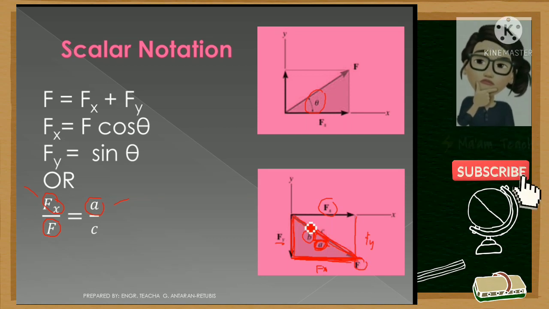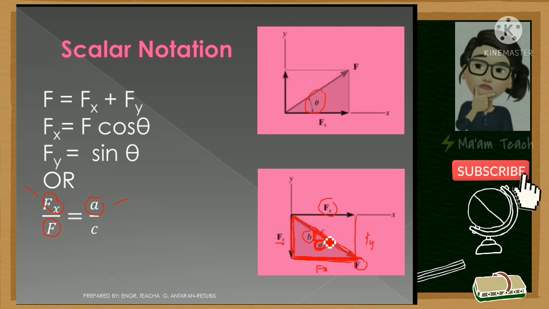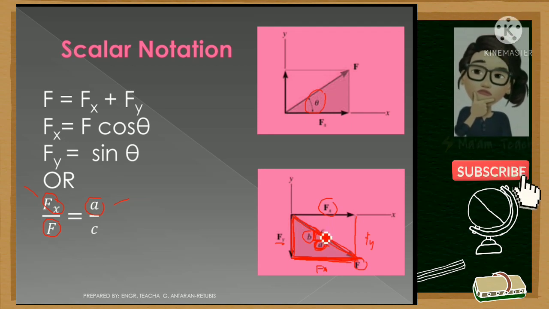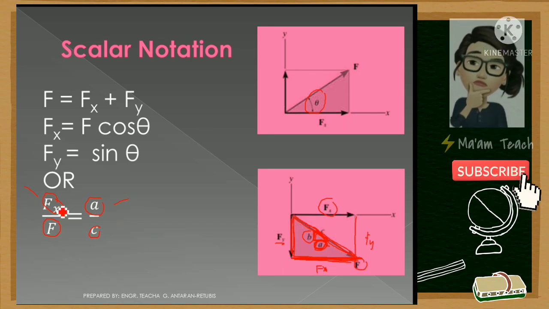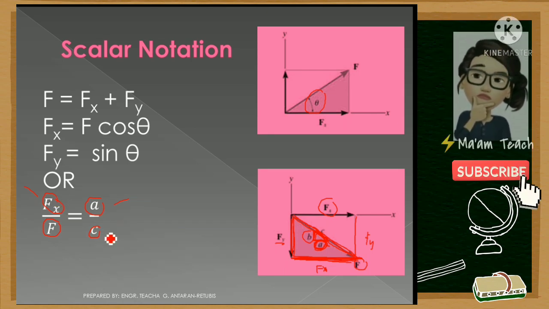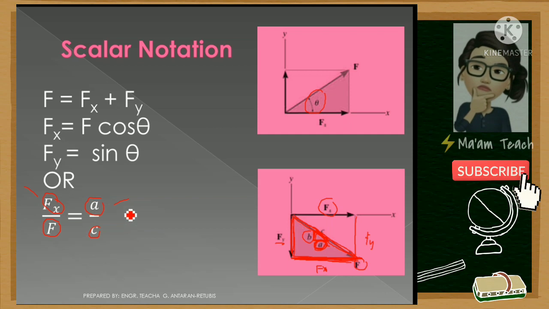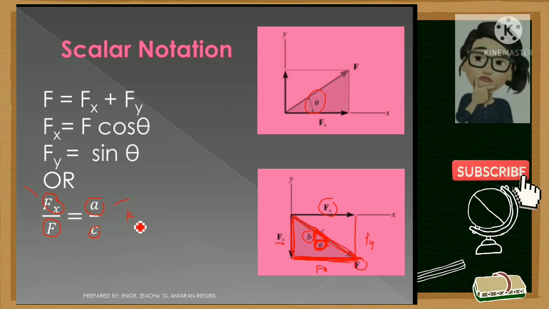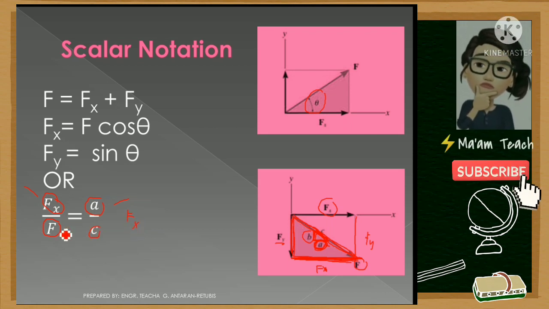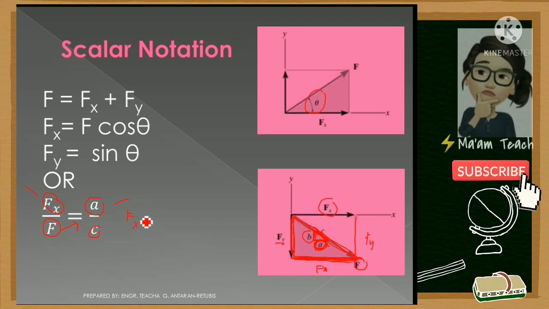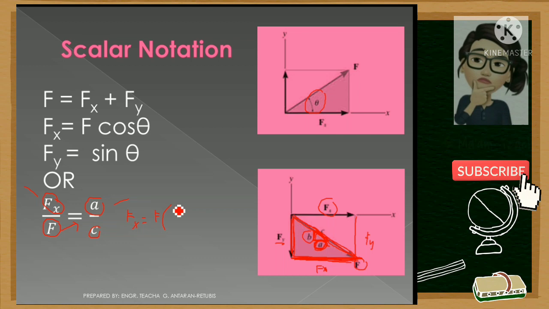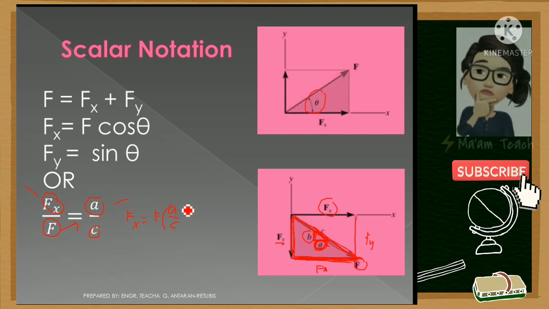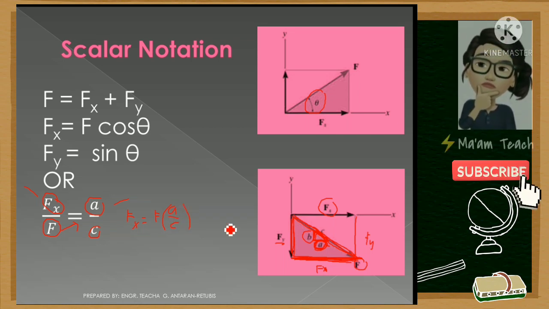In the small triangle, the equivalent side is your side C, which is here. That's why we have C here. So as you can see, from here we'll be able to solve for your f of x by simply cross multiplying this, and you'll have f times a over c. Okay? That's it.